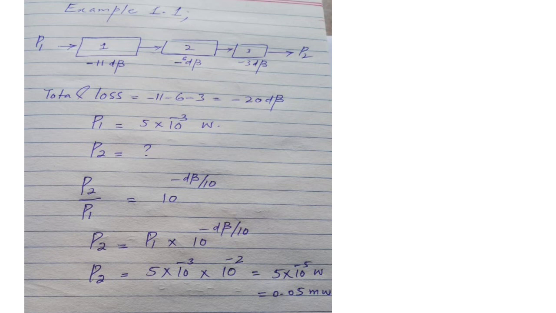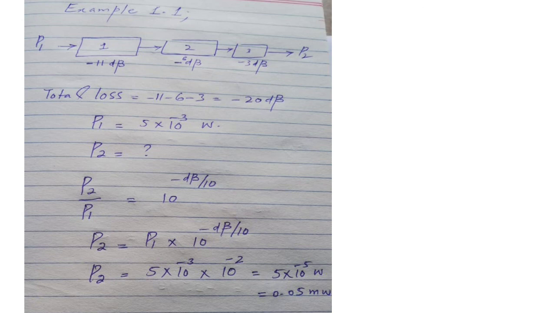In example number 1.1, we have been given a cascaded system. There are 3 blocks in this cascaded system.